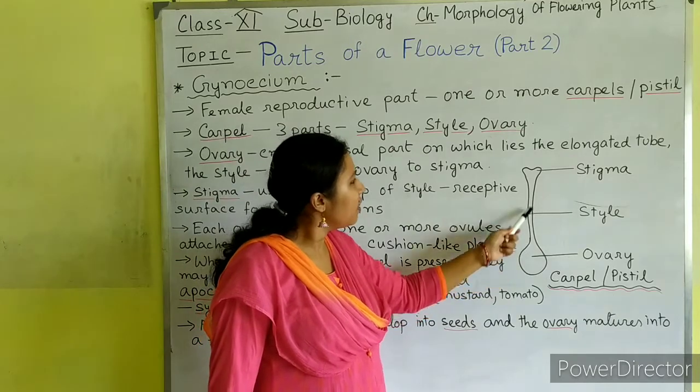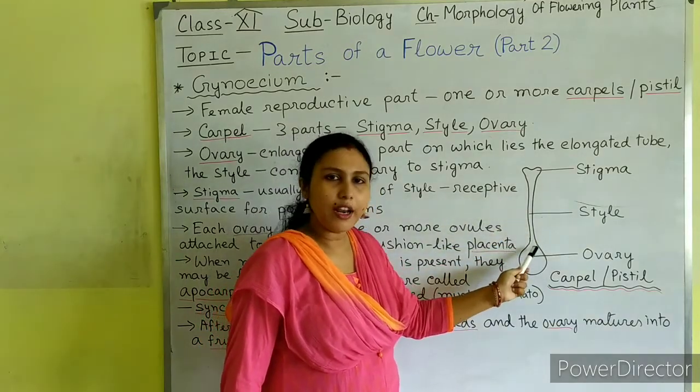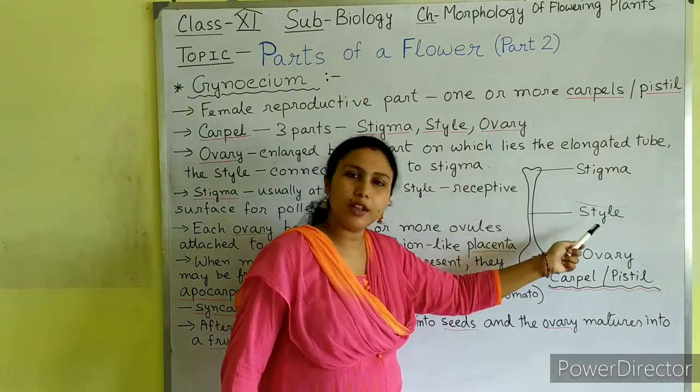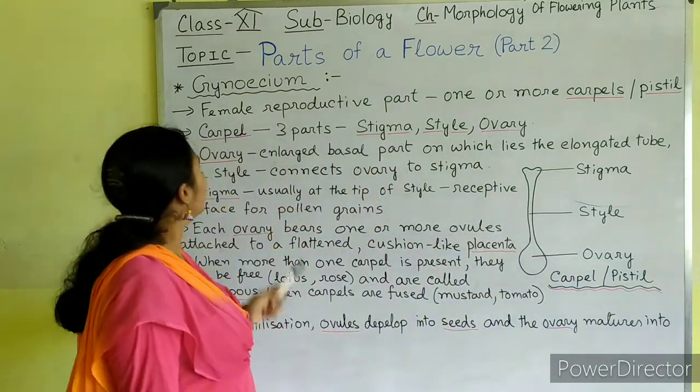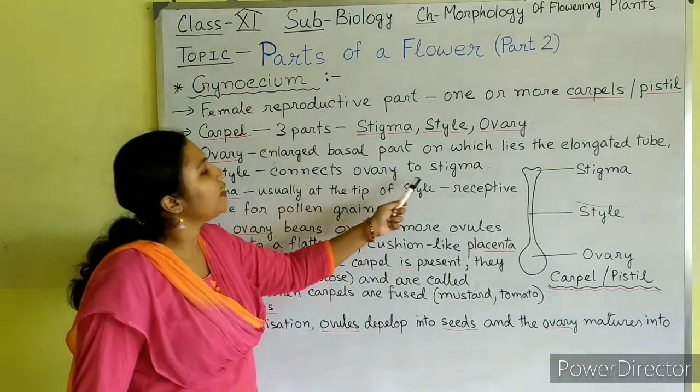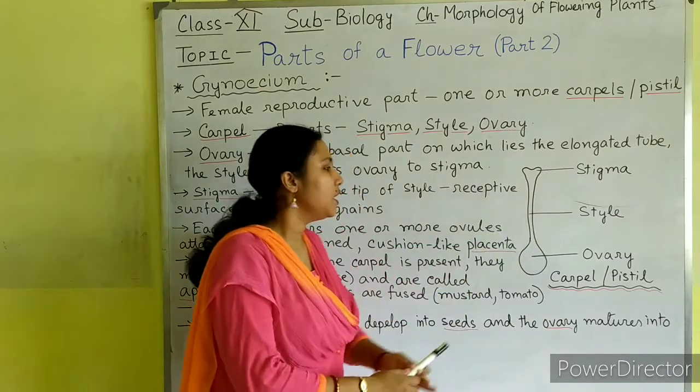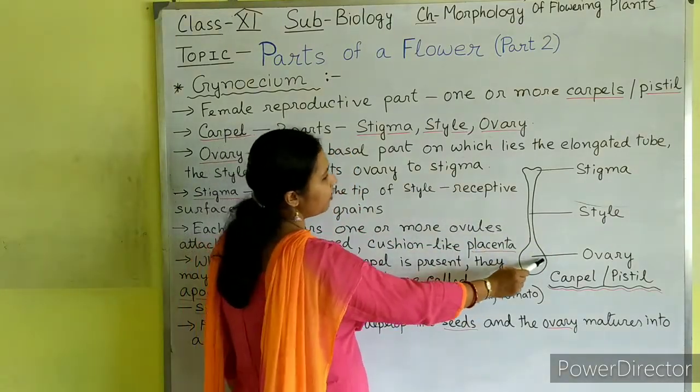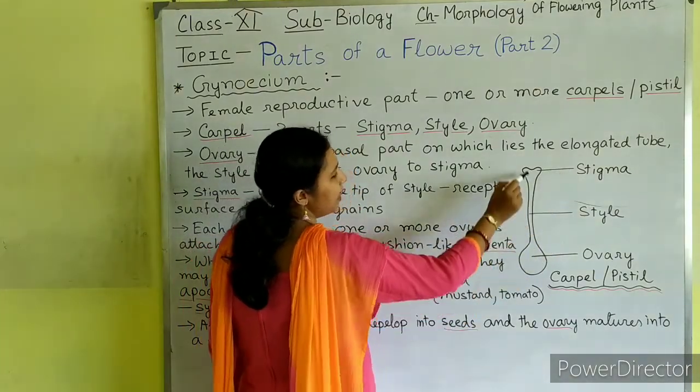This is an elongated tube. On the ovary lies the elongated tube called the style. The style connects the ovary to the stigma. You can see it is connecting the ovary to the stigma.